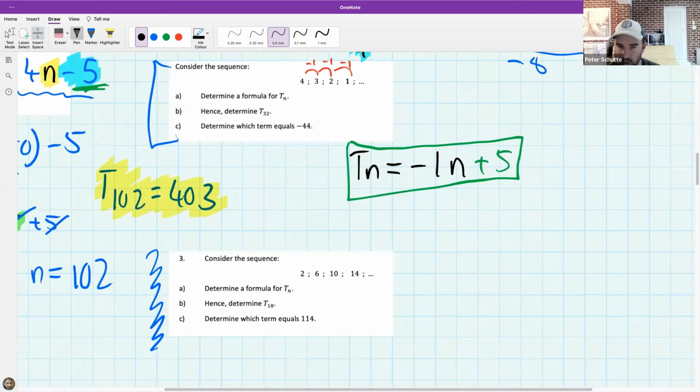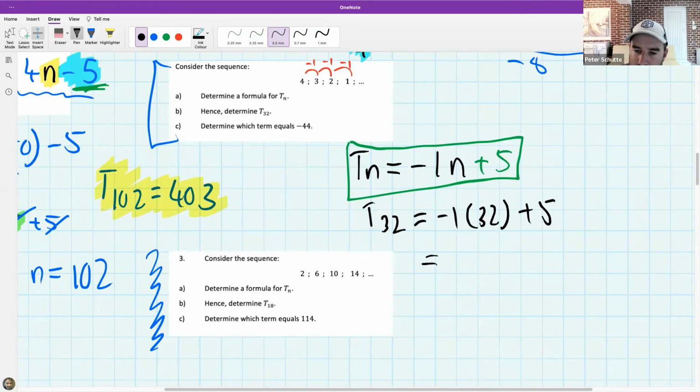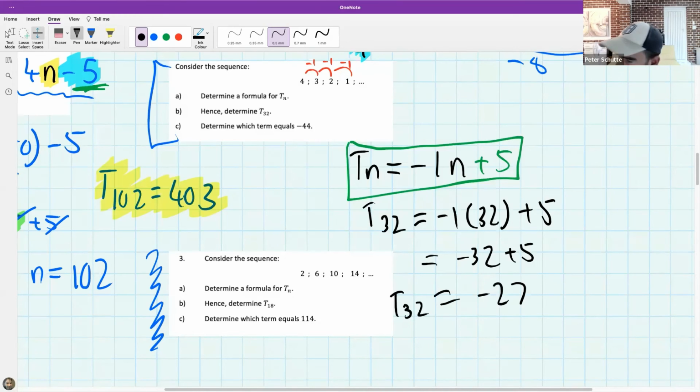For those who can, you can do the second one as well, but I've got to do the next part. So what is T32? Well, it is just going to be putting a 32 where the n is. And so we should get that it's equal to -27.